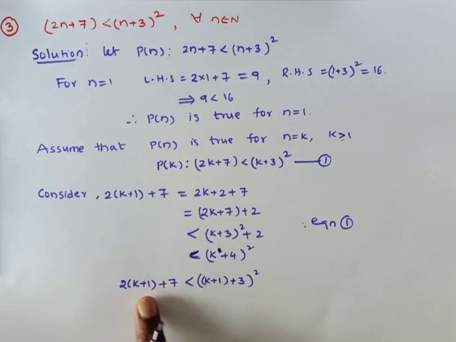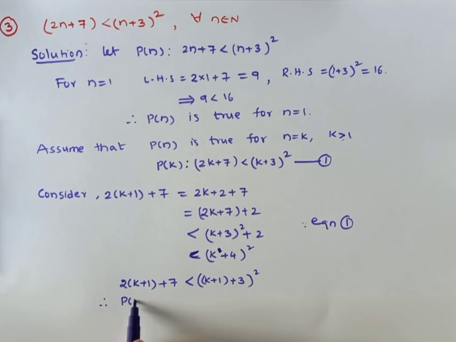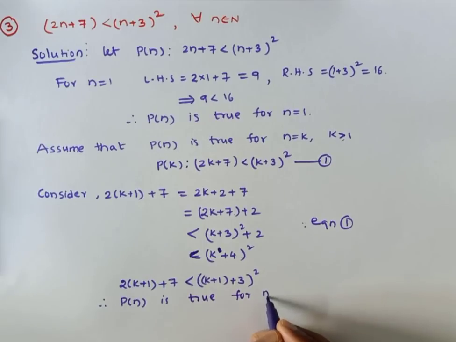So it is in the form of 2n plus 7 is less than n plus 3 whole square, where n is k plus 1. So here we can conclude the given statement P of n is true for n equals to k plus 1.